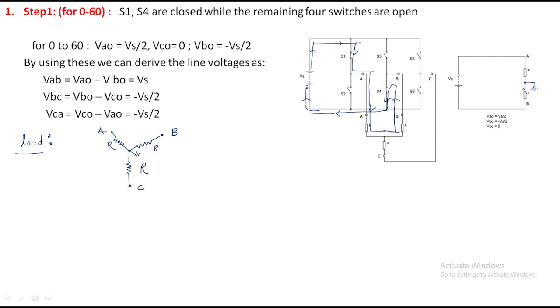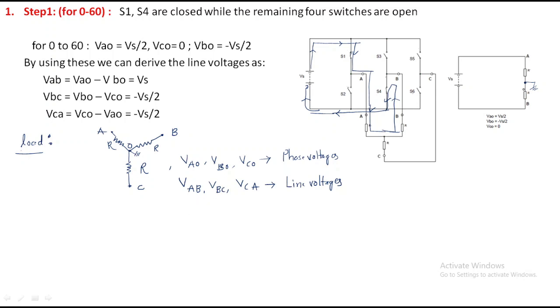Then we can find out VA0, VB0 and VC0. These are the phase voltages, between each point and neutral. The voltages between the phases, A phase and B phase, B phase and C phase, C phase and A phase, are the line voltages: VAB, VBC and VCA. Then we can find out these voltages.